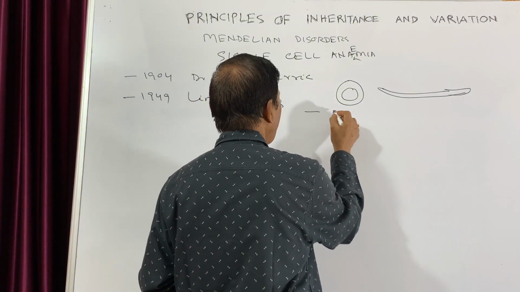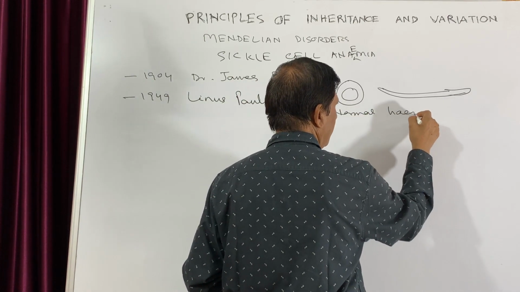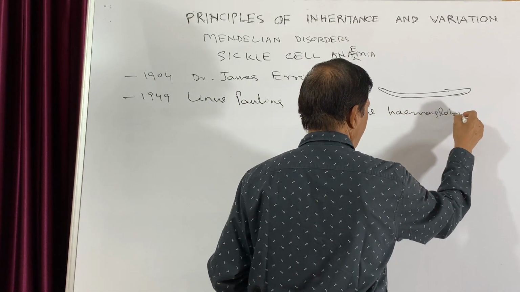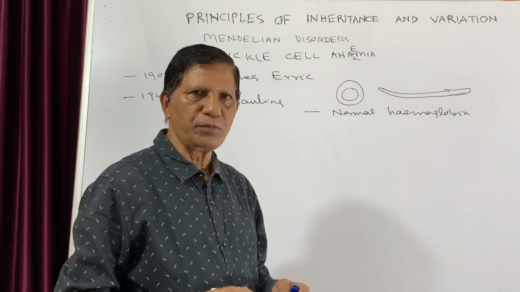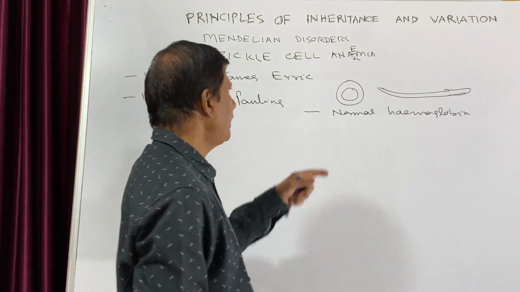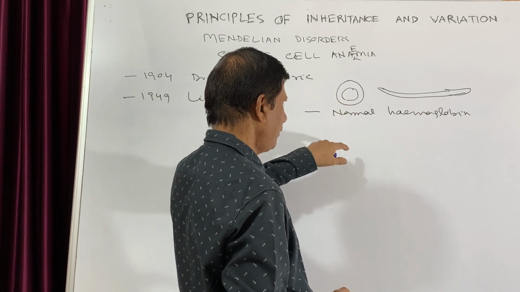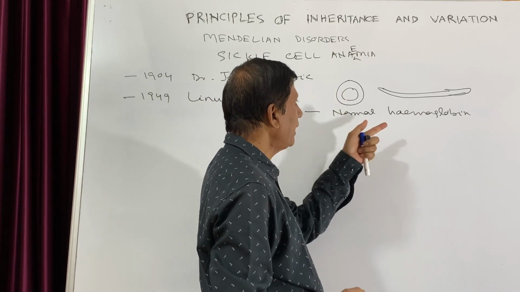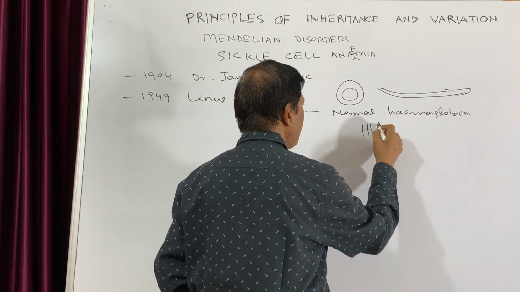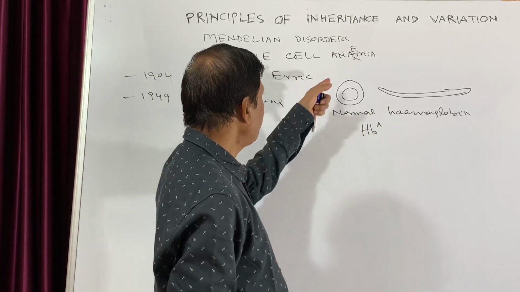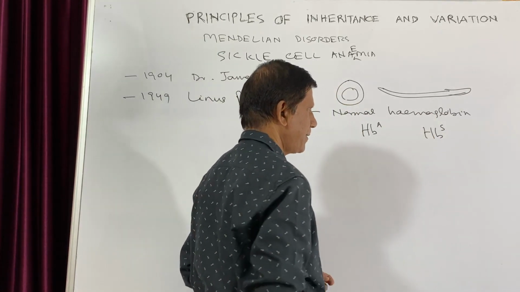The normal hemoglobin is responsible for carrying oxygen in our body. He found that in all normal adults it is designated as HbA, but in case of sickle cell anemia, it is designated as HbS.